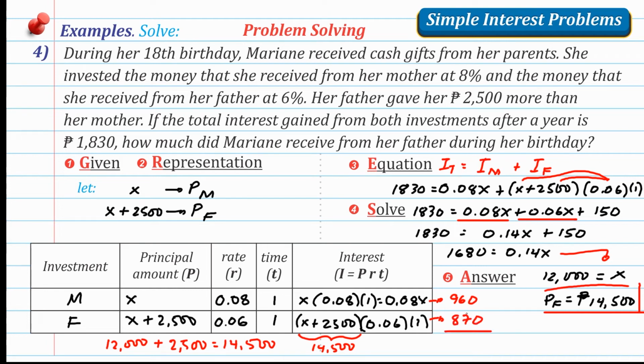If we add these dalawang kita, the total, it's 1,830, which is what we're given na total kita. Our answer must be correct. Final answer, 14,500 is the money that Marian received from her father during her birthday.